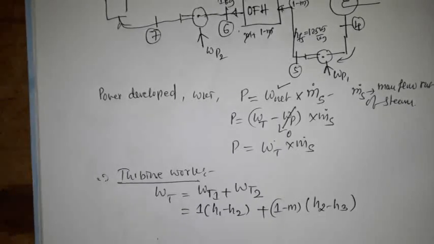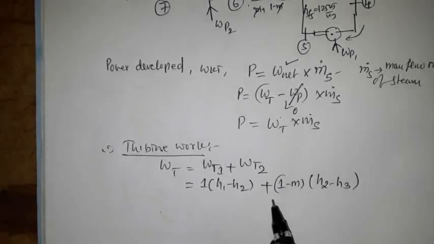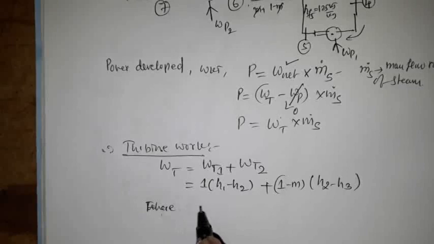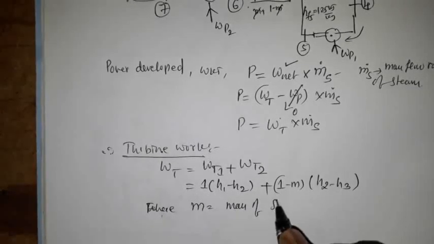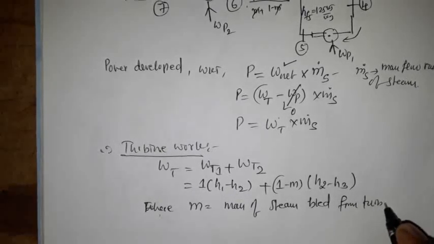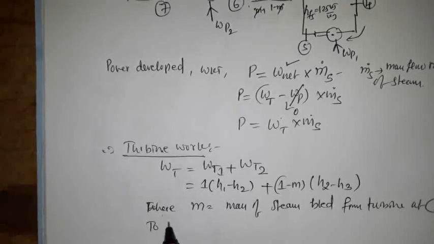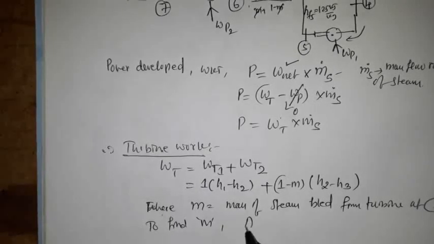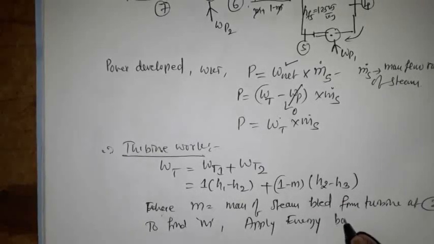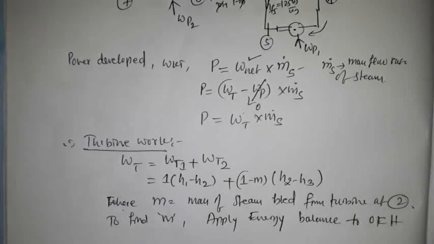To find m, we know from the theory discussions on the regenerative Rankine cycle, we apply energy balance to the OFH, that is open feed water heater. Here m is the mass of steam bled from turbine at 2.